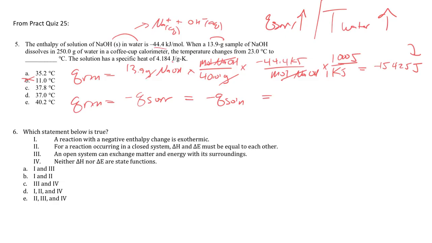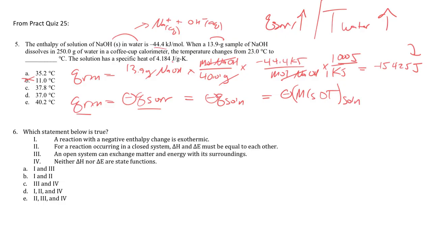And then the solution can be described by MCS delta T. The two important things here are seeing that the solution surrounds the reaction, and that we get this minus sign. The minus sign simply follows from the heat of the reaction being the opposite sign of the heat of the surroundings. So it's very fundamental in how we get that minus sign.